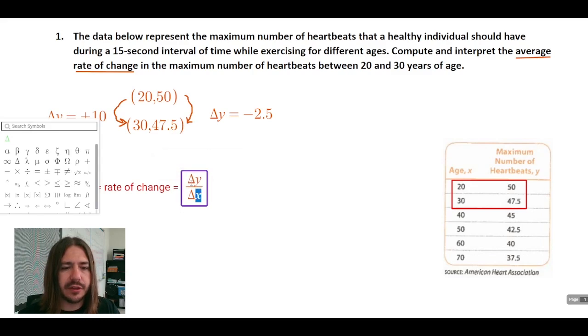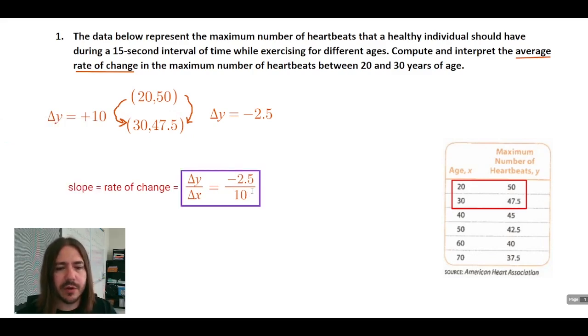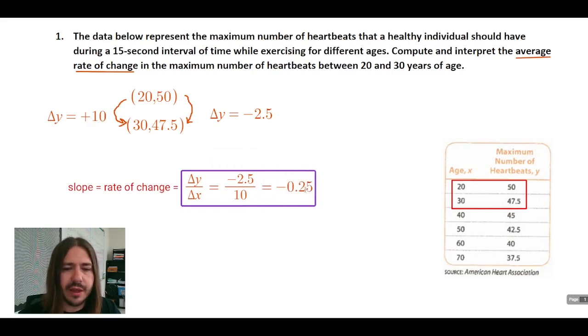The change in y was negative 2.5, and the change in x was 10. So this is our rate of change. Throw this in a calculator, and you get negative 0.25. That is the average rate of change in the maximum number of heartbeats between 20 and 30 years of age.